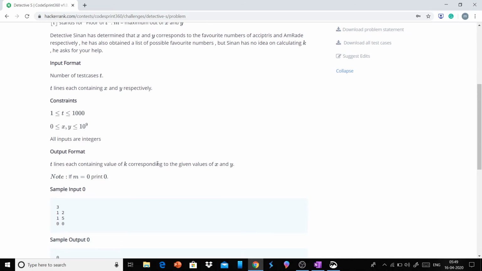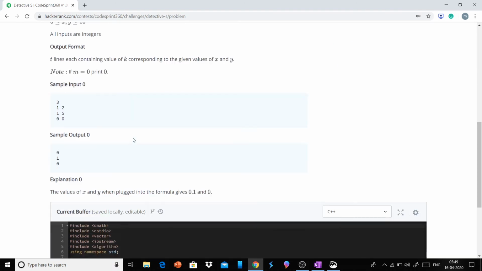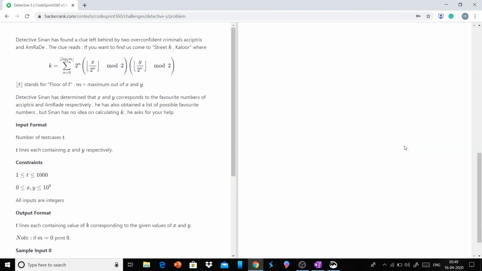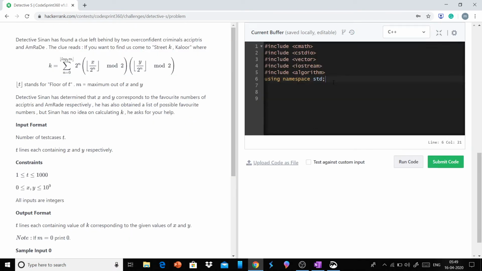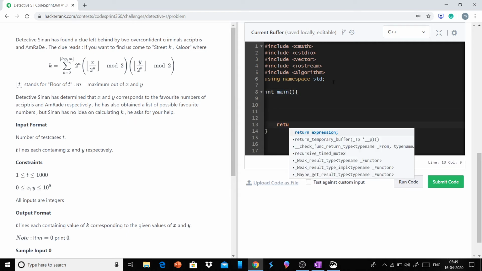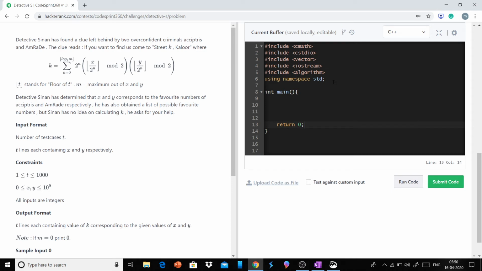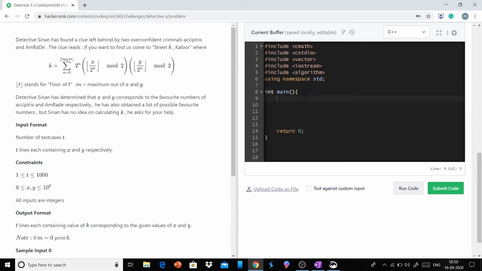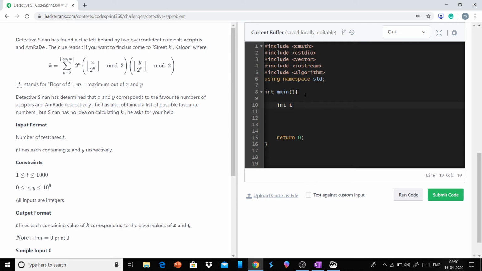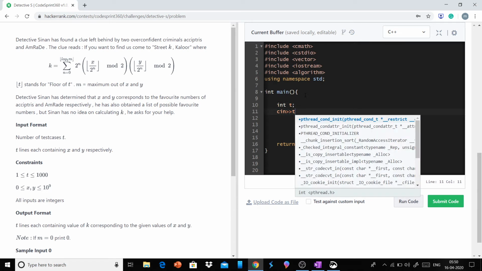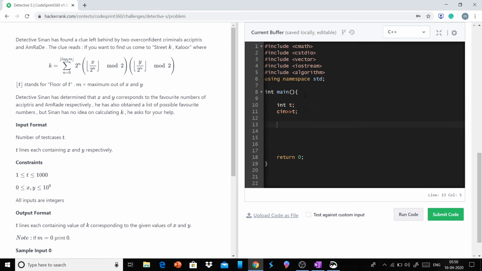Now let's write the code. So let me write int main, return 0. First of all we need to take the input, the number of test cases, integer t, and while t minus minus.